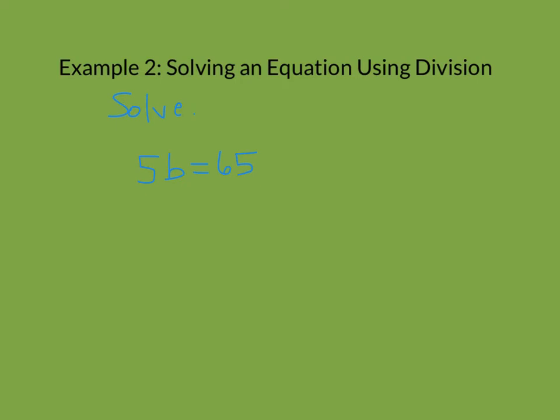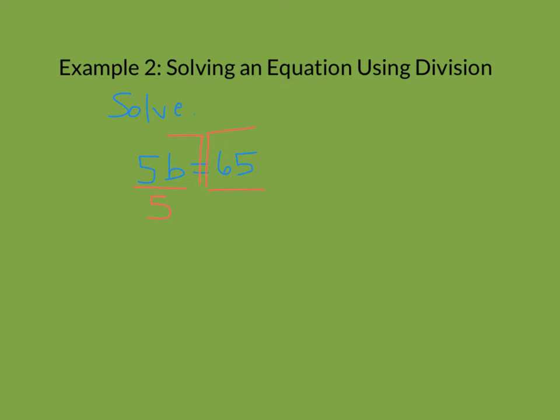So first of all, if I have 5b, our goal is to get 5 out of there on this side of the equation. We want these to be balanced. Right now they're not. So to get rid of 5, I'm going to divide this by 5. We know that 5 divided by 5 is 1, okay?